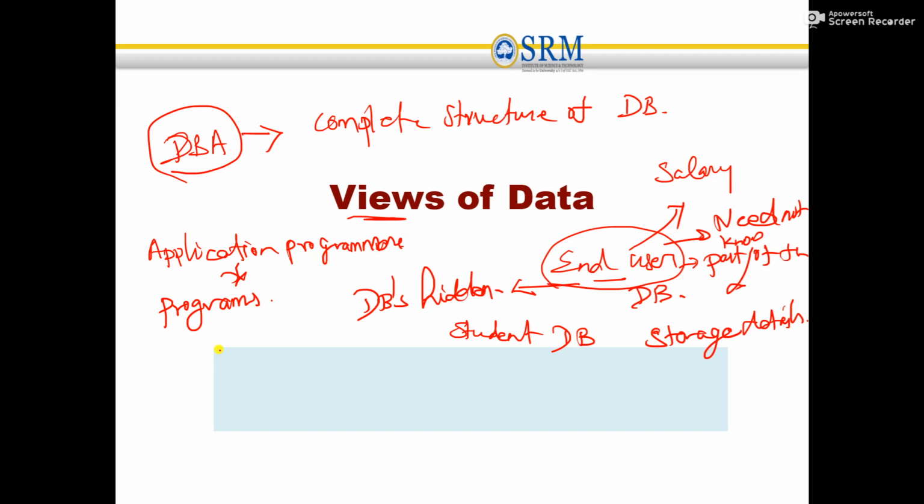Generally there are three levels of views. One is the physical level view, the second is the logical level view, and the third is the view level. As I said, the end user looks only at part of the database, not the entire database. They access and modify certain information in only part of the database.